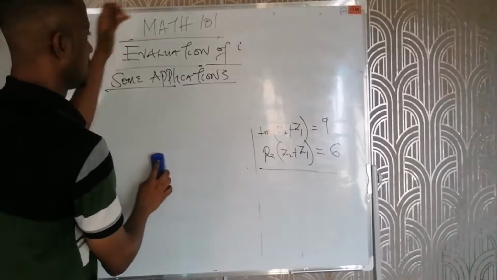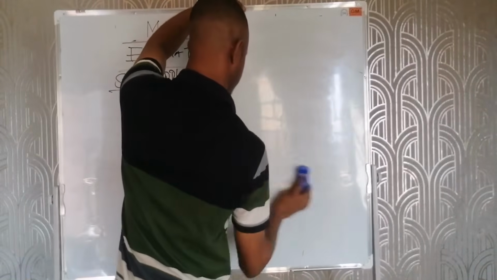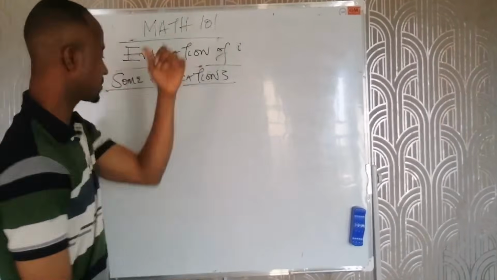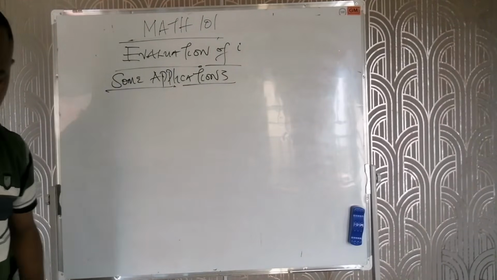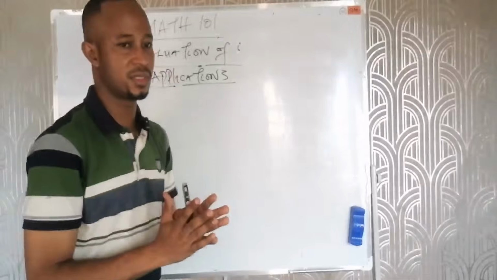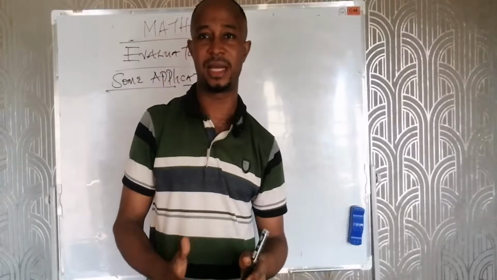If we are to multiply two or more complex numbers, the results will always give us a new complex number, like I always say, right?